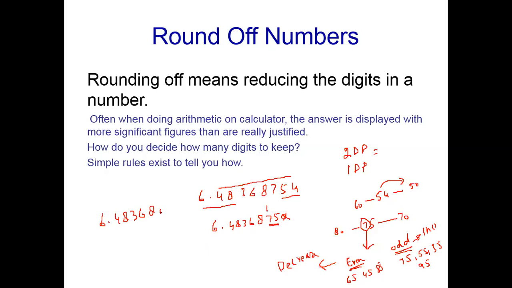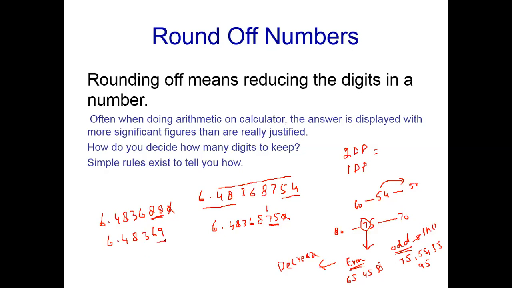So you can write this number as 6.4836 and we have 8, 0, but no need of writing 0, so 80. Next we have 88. 88 is close to 90, so you can write 6.4836 and replace 88 by 90. Write down only 9.